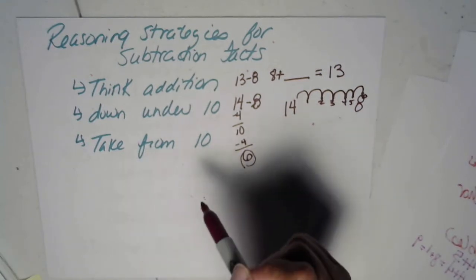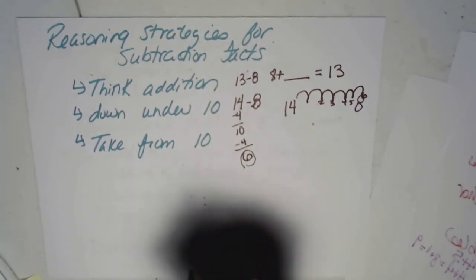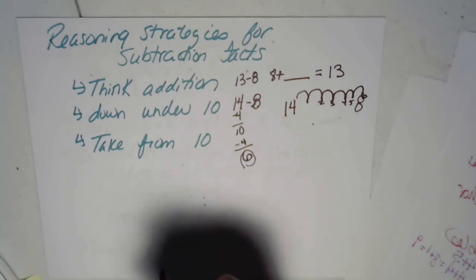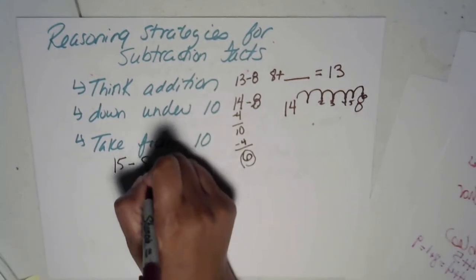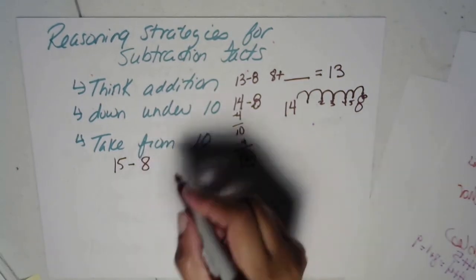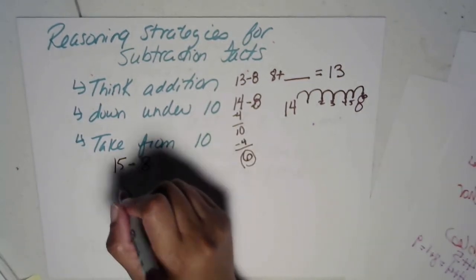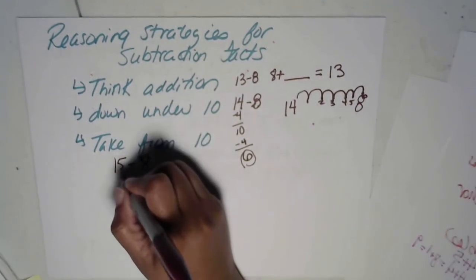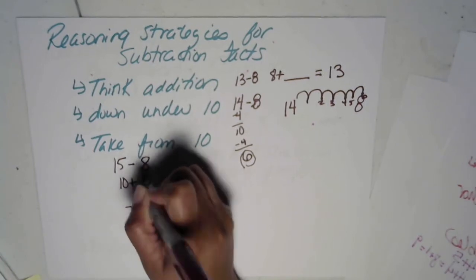And then we have take from 10. This is an excellent strategy that is not well known or commonly used here in the United States. So you have the problem 15 minus 8, and you want to take from 10. You want to put this 8 here, and you want to break up this 15 as 10 plus 5.